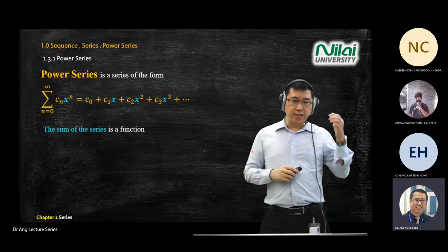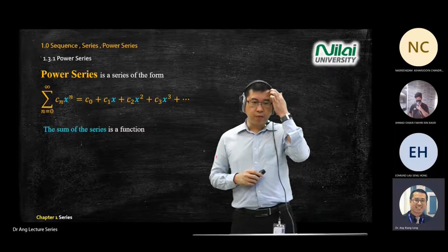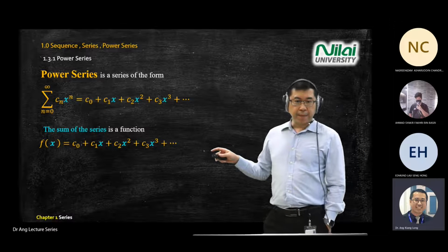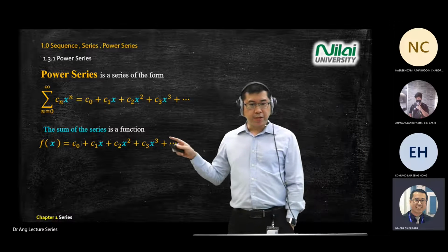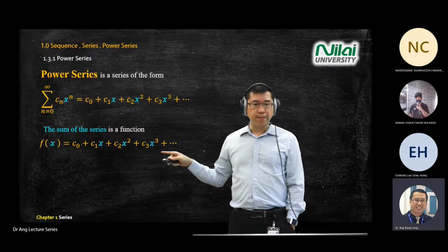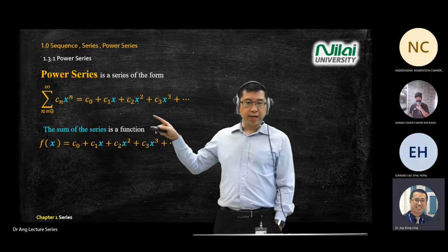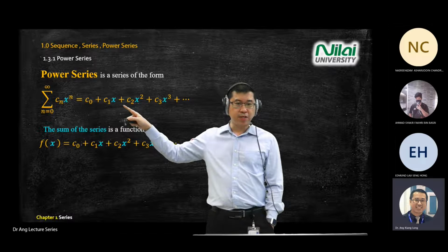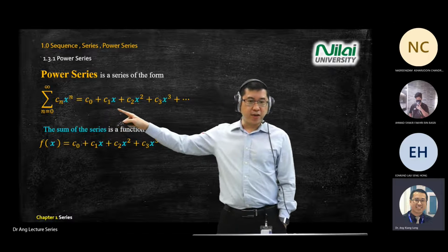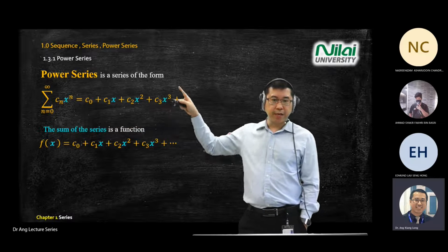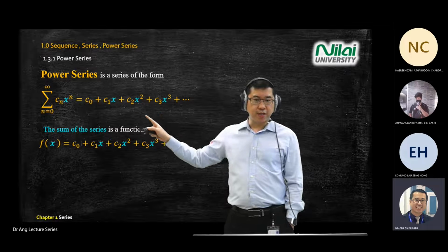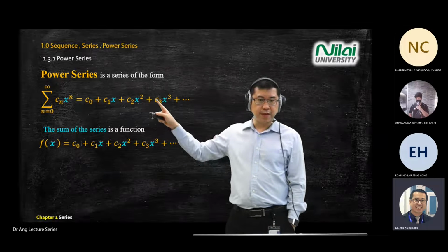What can we do with this? Combined with what we learned previously, if we can write our series in function form, you can write the equation from C0, C1, C2, C3, the operation that you do to add all the numbers together in power series. You can see the right hand side of the equation is the same, this part and this part.